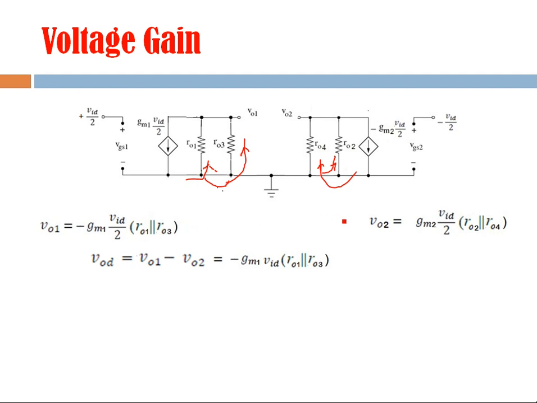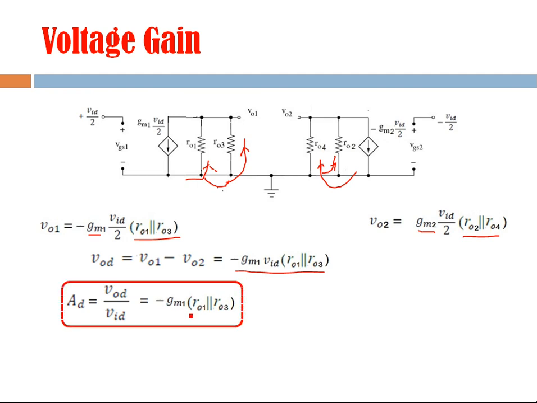So when we are subtracting, this part and this part are the same. This GM1 is equal to GM2, right? And VID is the same, so all these are common. So finally we will get this, right? If we find the differential voltage gain, differential output voltage divided by differential input voltage, VID will cancel and we will get this, right? So this is the equation of voltage gain.